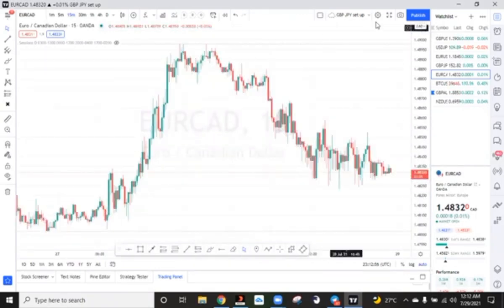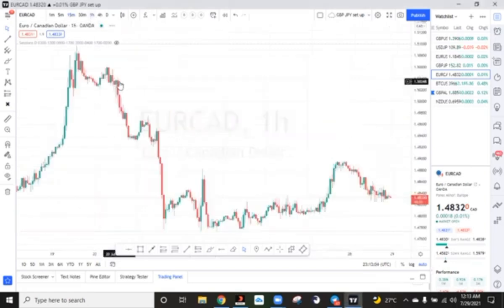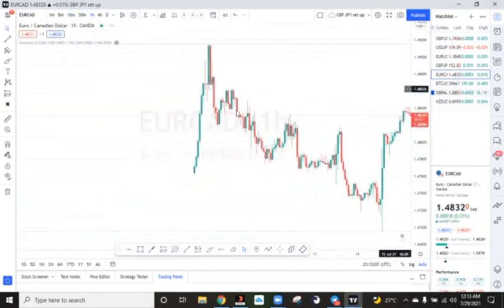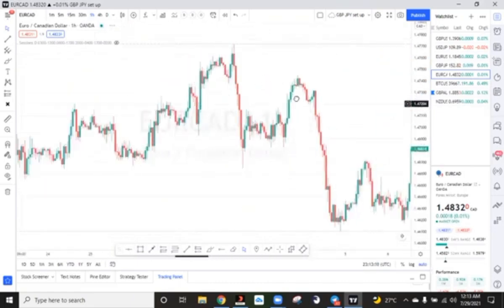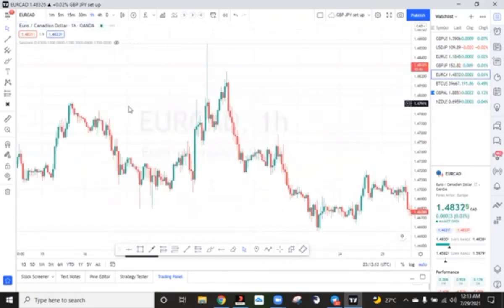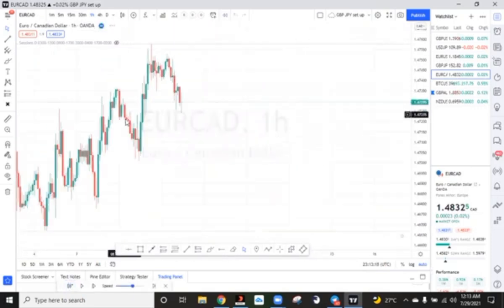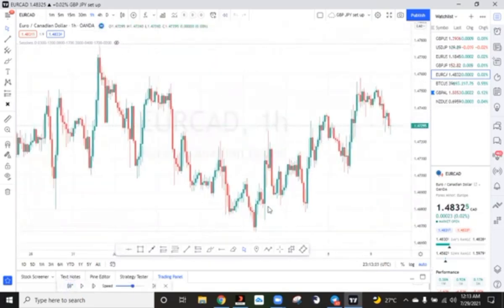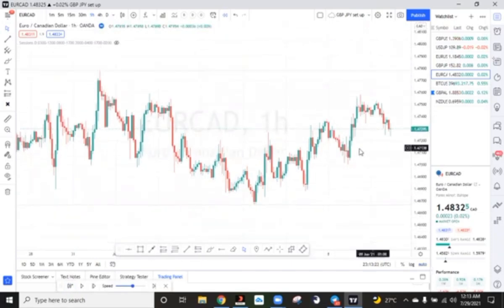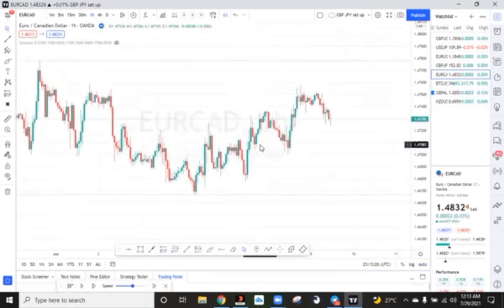I'm going to use my TradingView for further explanations here. So here on TradingView, we want to make a quick analysis so we can see how price plays out using supports and resistance.